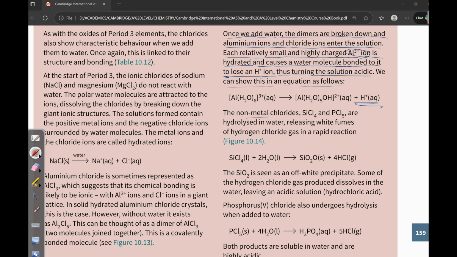Silicon 4 chloride reacting with the water gives this insoluble oxide, plus the hydrogen chloride. Of course, this is silicon 4 oxide. There was a mistake here, this O is not there.